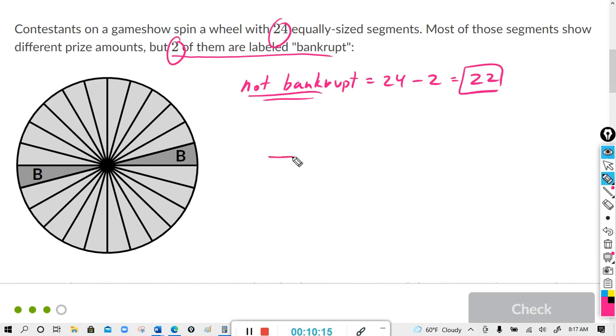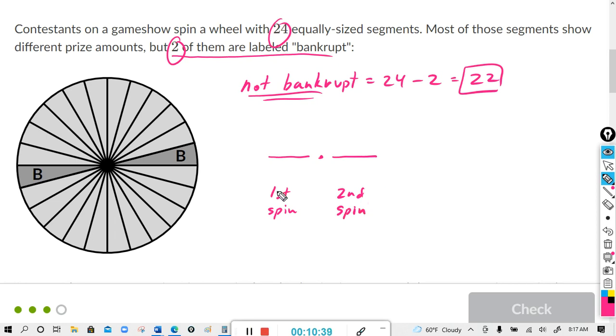So the first fraction times the second fraction. The first fraction is going to be the first spin, and the second fraction is going to be the second spin. Okay, so the probabilities are the same.